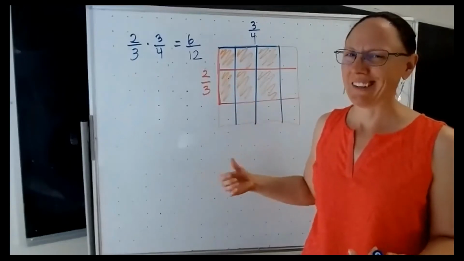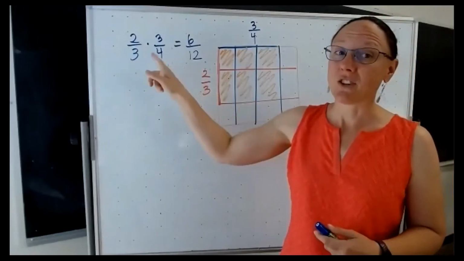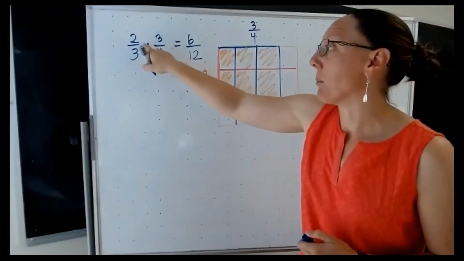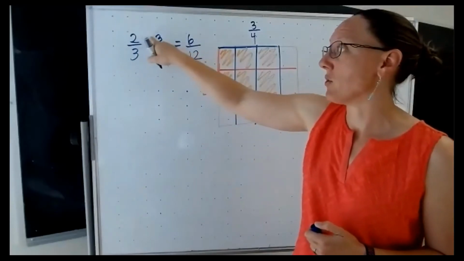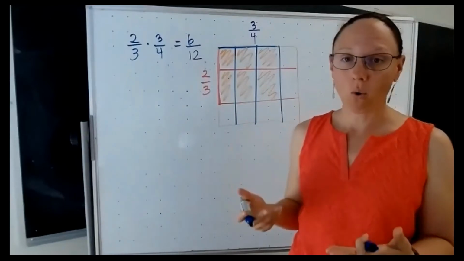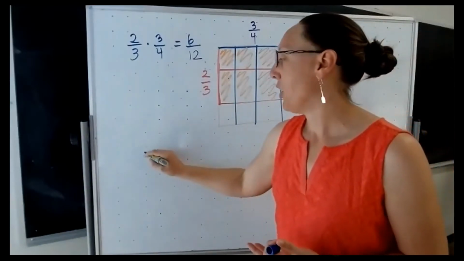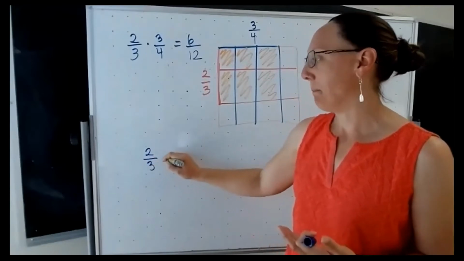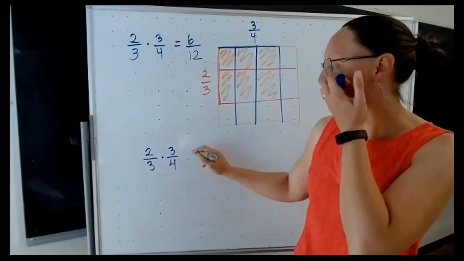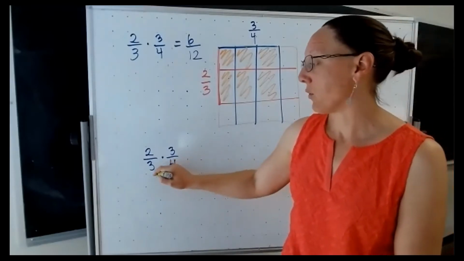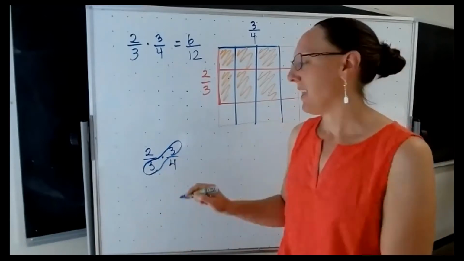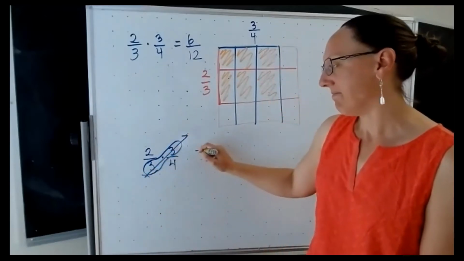But functionally, we're not drawing out boxes. If I see 2/3 times 3/4, I have 2 options. I either think about multiplying straight across. So 2 times 3 gives me that 6. 3 times 4 gives me the 12. Or I could think about rearranging the terms. Because they're all multiplication here, I could regroup things and group that 3/3 together and recognize that, hey, 3/3, that's an invisible 1.